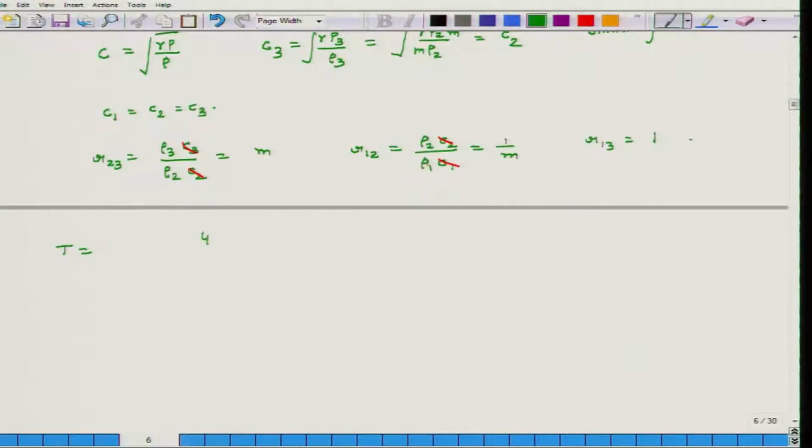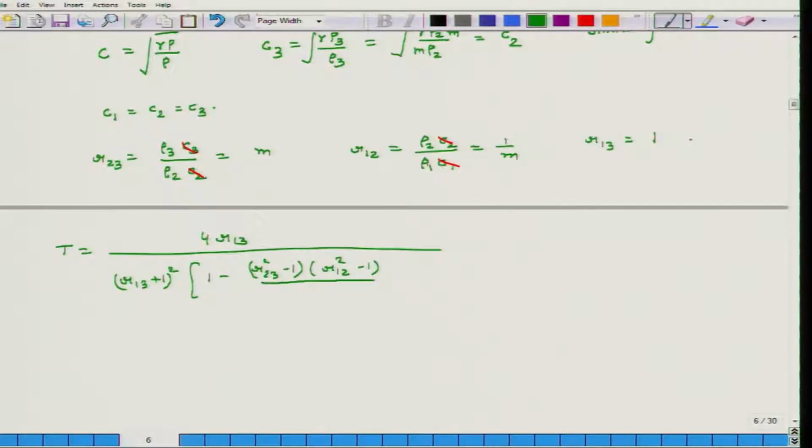T equals 4 R13 divided by (R13 plus 1) whole square, times 1 minus (R23 square minus 1) times (R12 square minus 1) divided by (R13 plus 1) whole square, times sine square k2L.